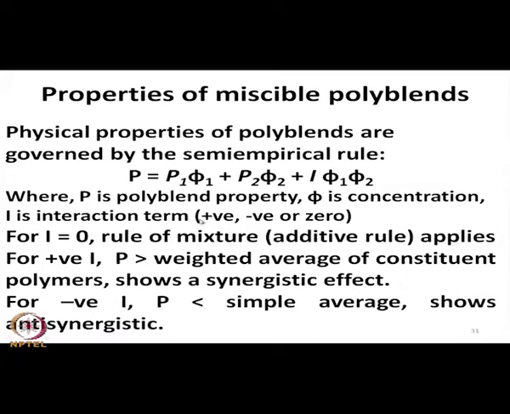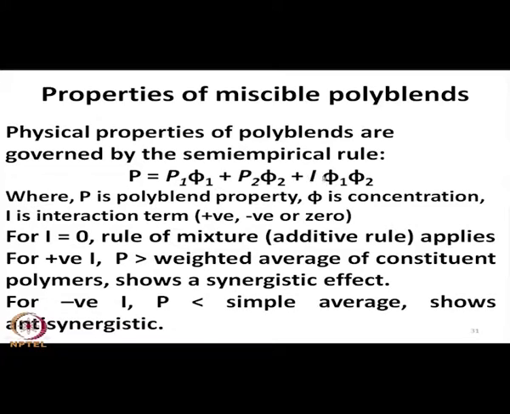So, this interaction term can be positive or negative or 0. Now, if this I is 0, this term becomes 0, and in that case rule of mixture, that means additive rule, additive effect applies. In case of the value of I as positive, P would be greater than the weighted average of the constituent polymers, and that shows a synergistic effect.